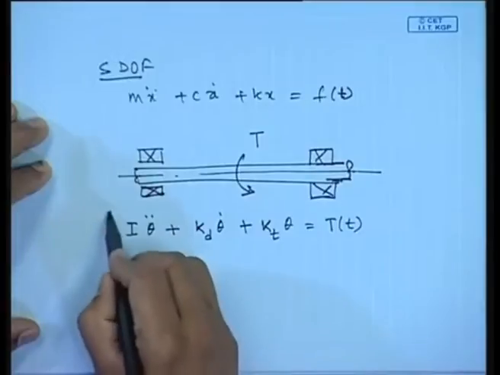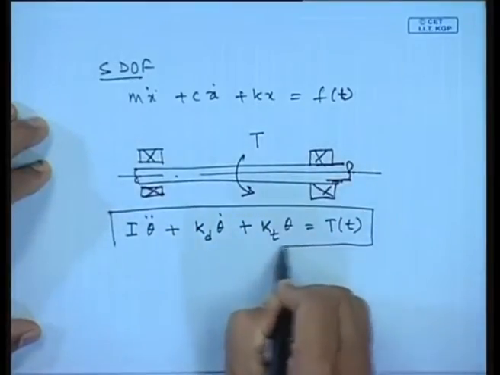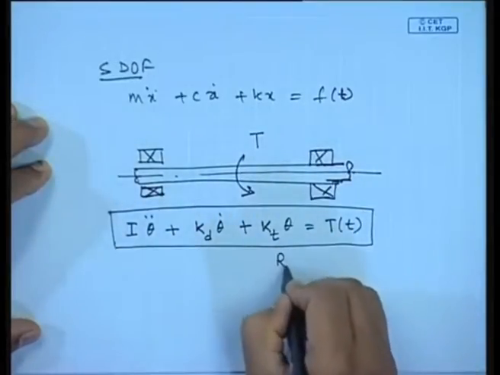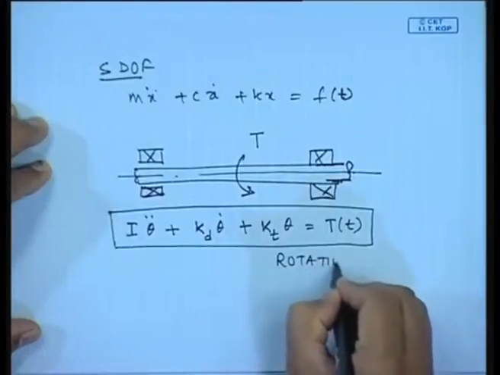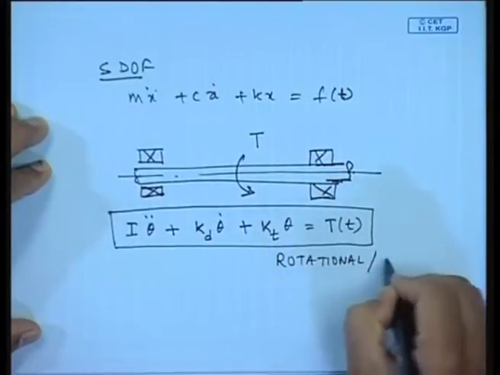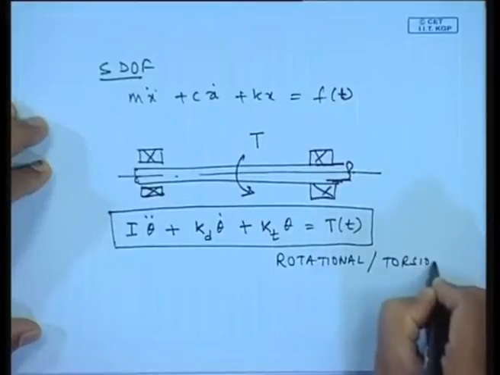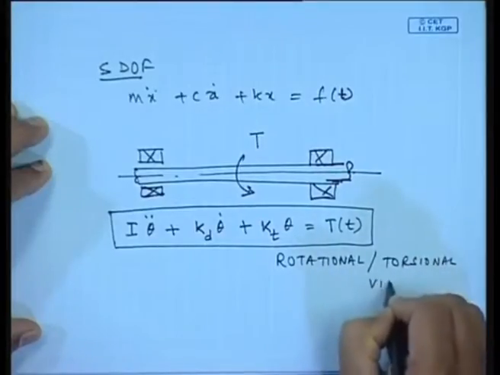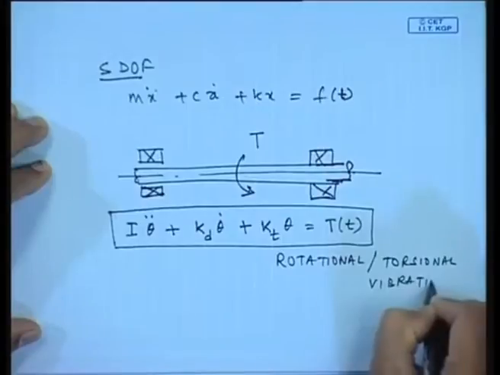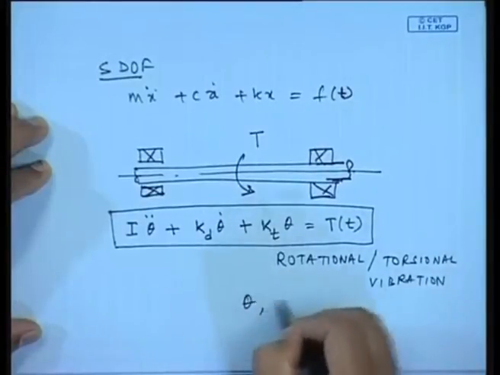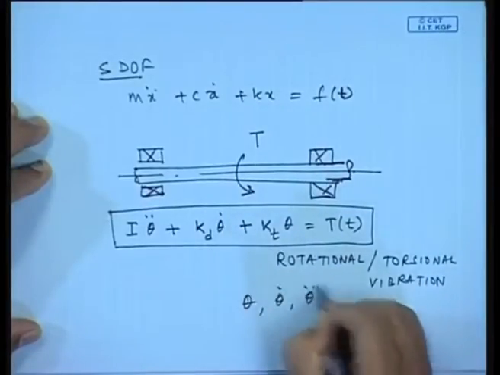So, this is the equation of motion in a rotational, or we can call it torsional, vibration, in terms of theta, theta dot, and theta double dot.